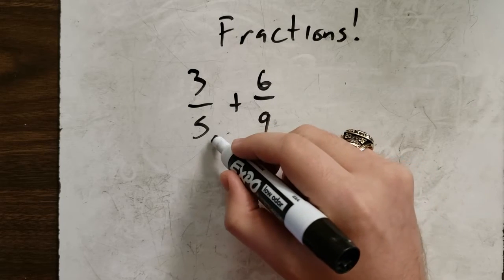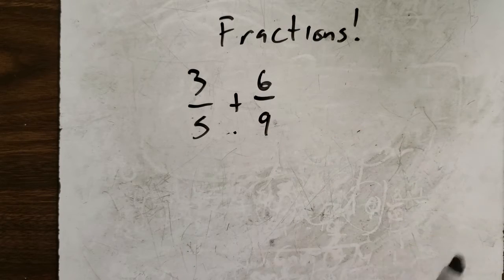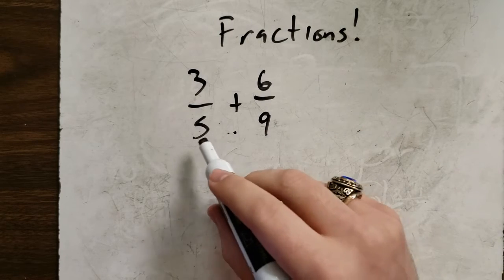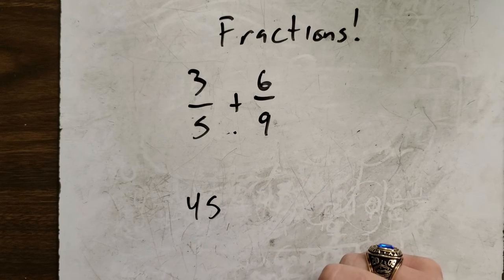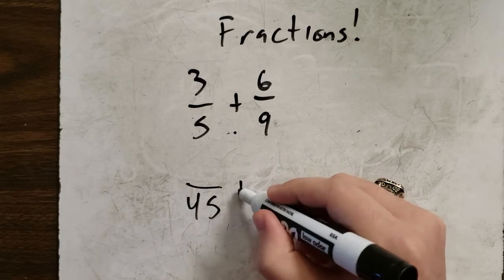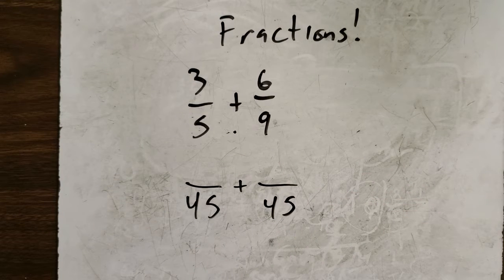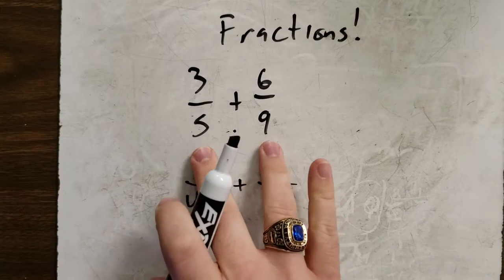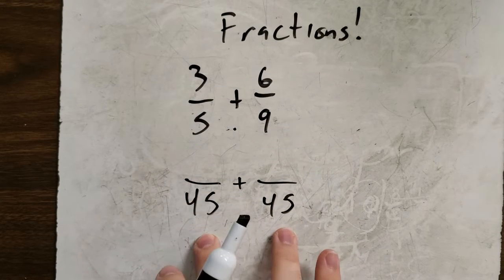Multiply. So, if we multiply our 5 and our 9, 5 times 9 is 45. That's our common denominator for both fractions. So once again, all I did was multiply my denominators, 5 times 9, and I got 45.